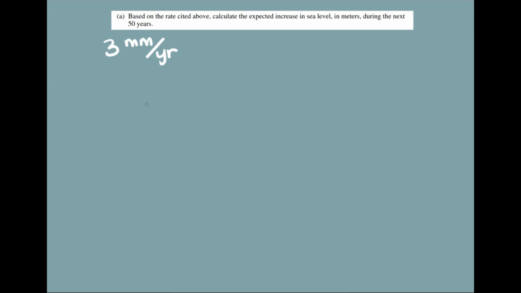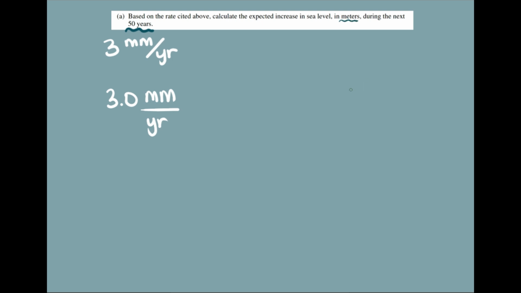Essentially, how you would set this up if you're doing a formal dimensional analysis is that you would put your 3 millimeters on top. And then we know that's per year. We're going to keep the year. The year is fine. We only need to be converting it to millimeters and then also multiplying it by that 50-year time. So we have years. Our units there are good. We just need to get it into meters.